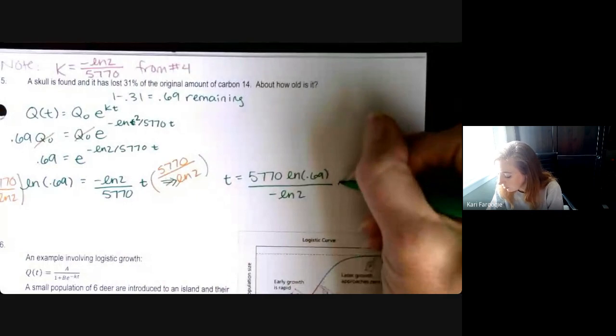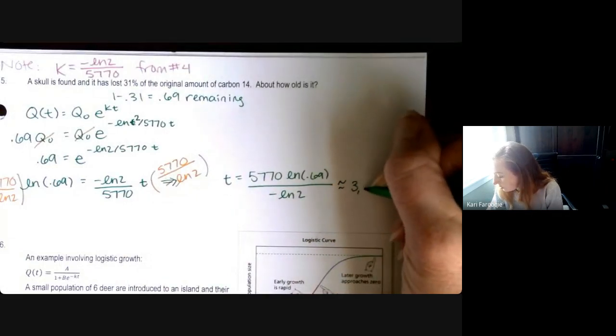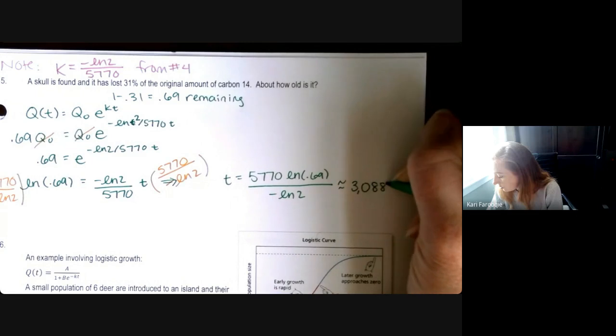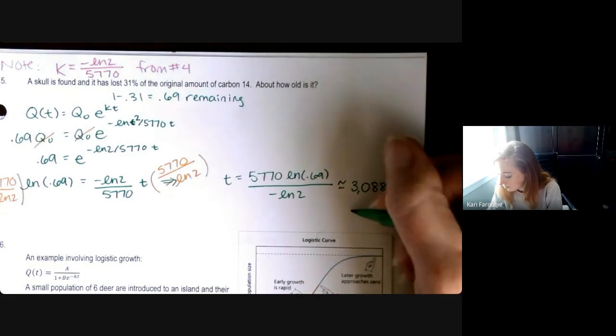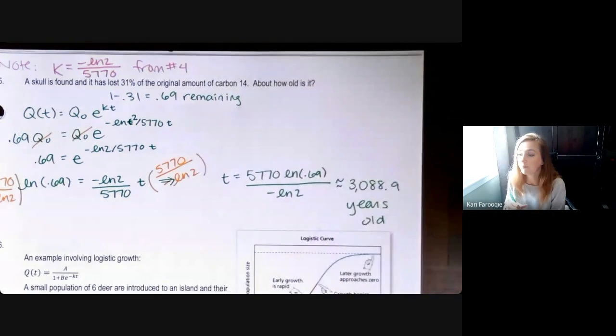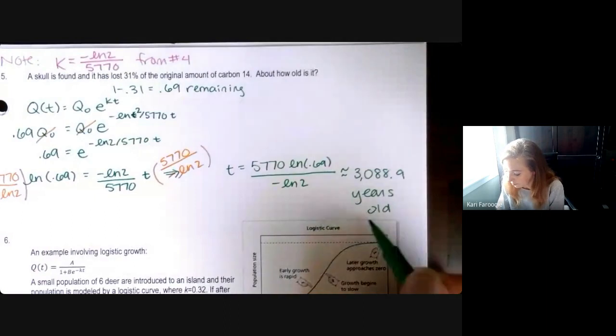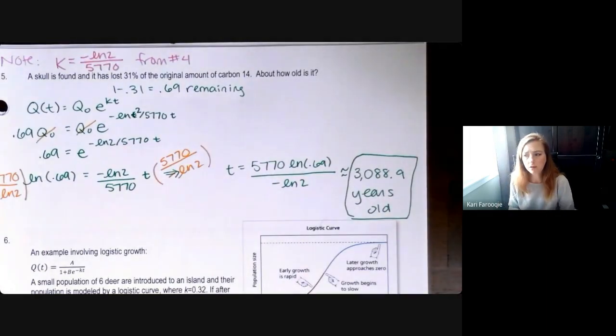All right, so t is going to be approximately 3088.9 years old. You could have just said 3089.